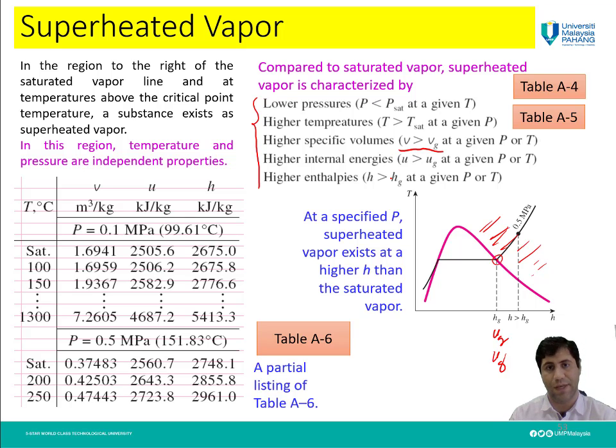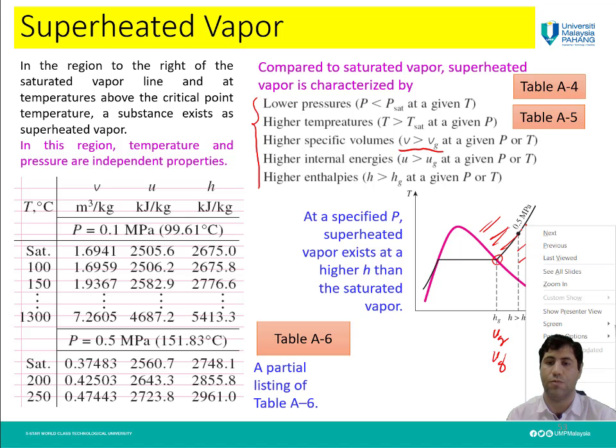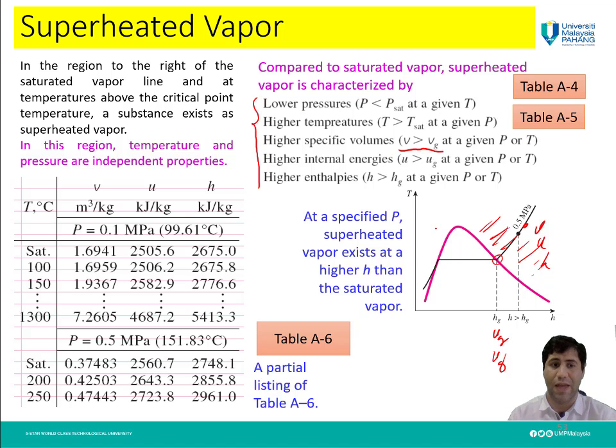Then if we understand that it is in the superheated region, how can we find the properties we need for this region? For example, this point which is in the superheated region. How much is v for that? How much is u for that? How much is the enthalpy for that state? Again, we have another table, which is table A6.